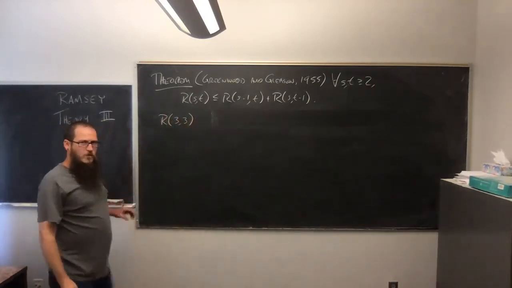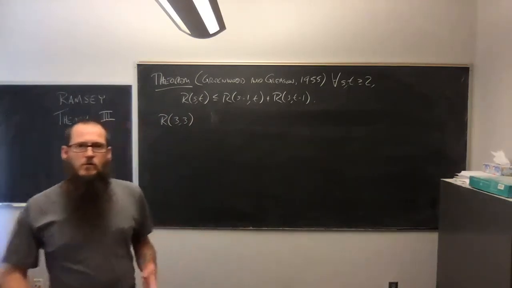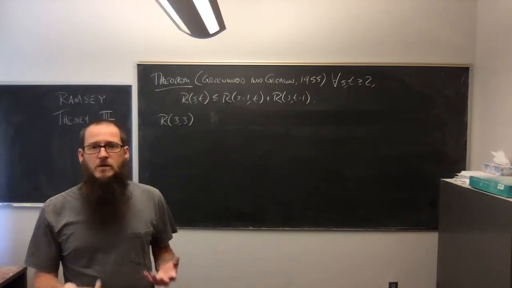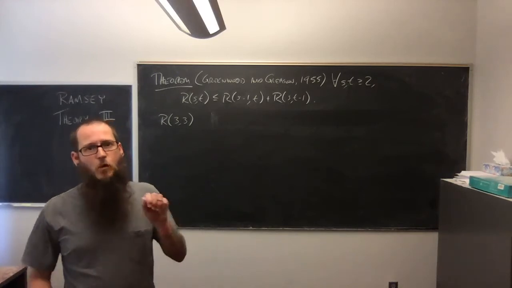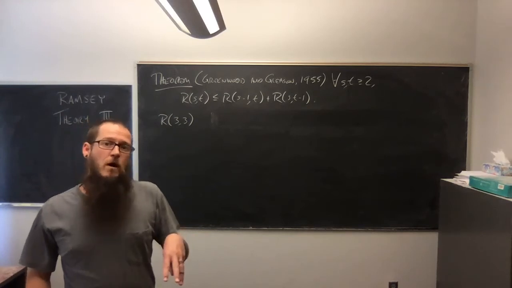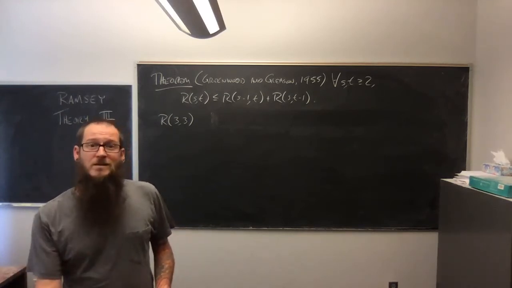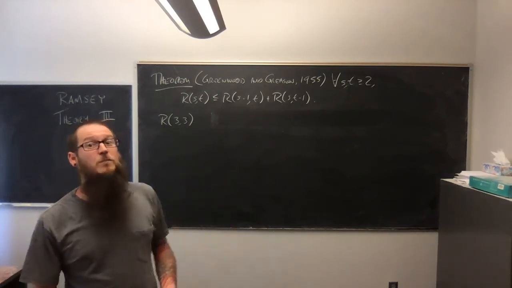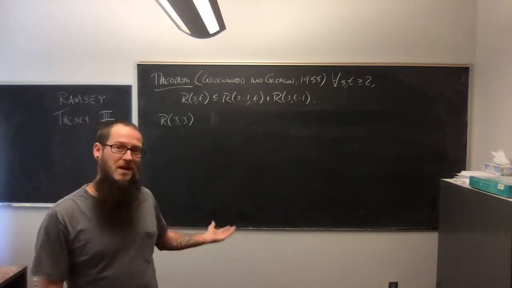If you remember right, the argument was to say that we're looking at a case 6. We argued this was equal to 6, and we considered a case 6 and said, well, each one has to have at least 3 edges coming out that are all the same color. There's the red case. That proof is really similar to the case 1 we looked at. And there was the blue case. That was very similar to case 2 that we looked at.